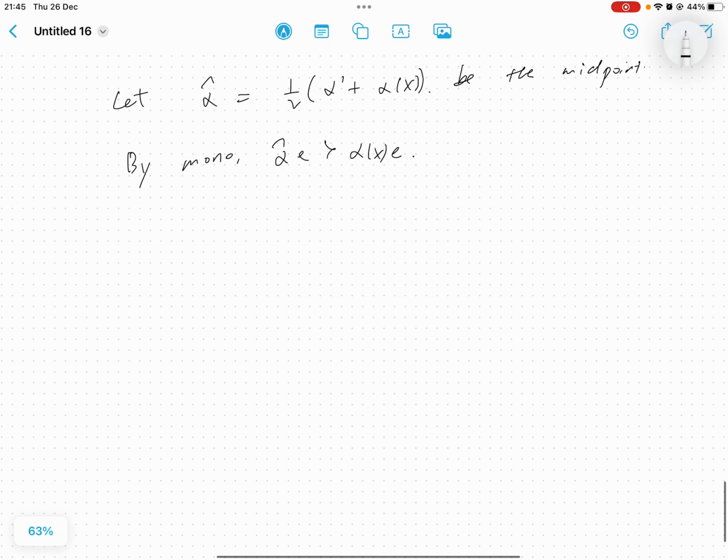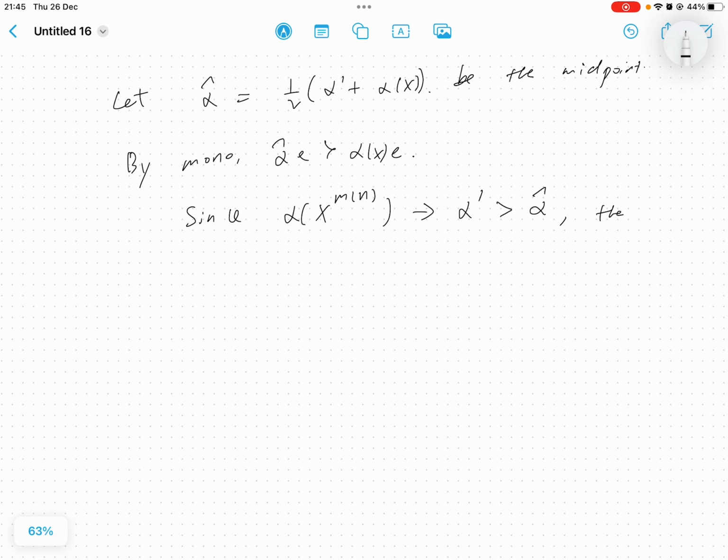Okay. Now since alpha x m n, the big thing that we mentioned before, converges to alpha, which we said is strictly greater than alpha prime. Okay. So because that is strictly greater than alpha, it has to be strictly greater than the midpoint.